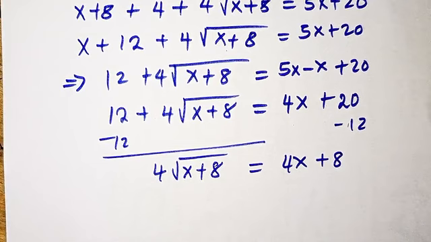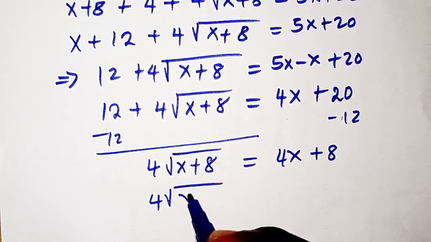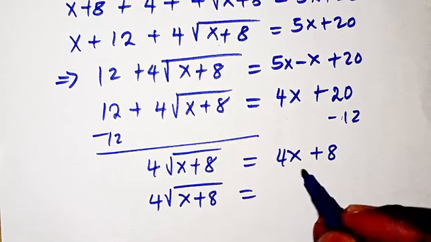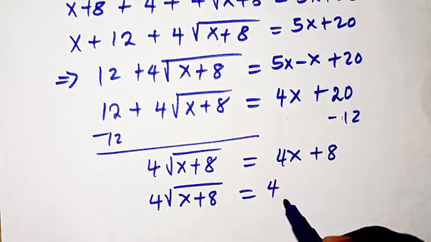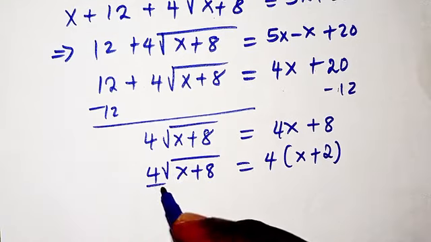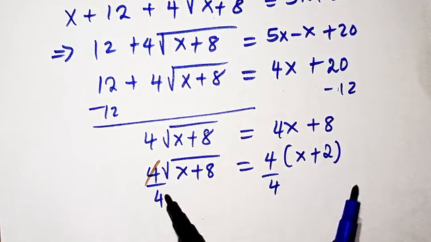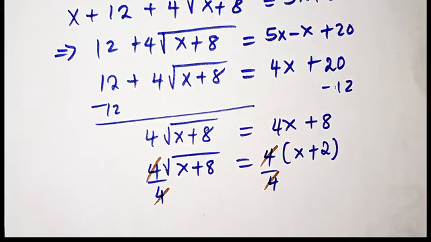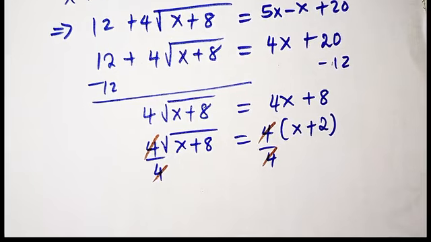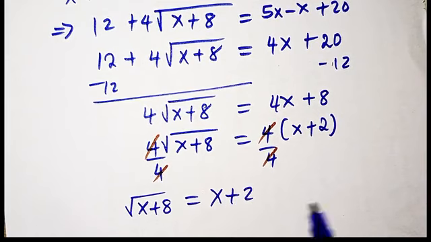So now 4 square root of x plus 8 equals, from here 4 is common, I can bring out 4, x plus 2. If you divide both sides by 4, you see that this cancelled, this cancelled. So we are left with root x plus 8 equals x plus 2.